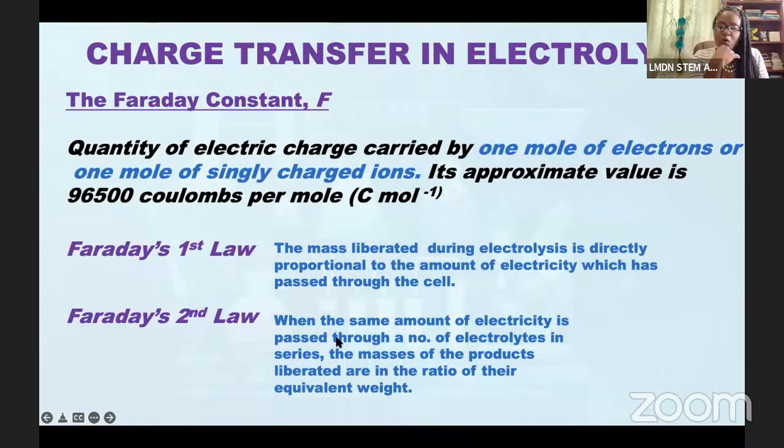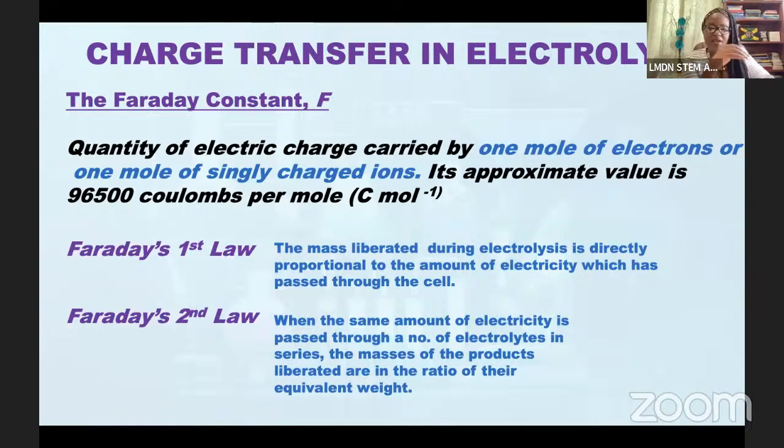When the same amount of electricity is passed through a number of electrolytes in series, the masses of the products liberated are in the ratio of their equivalent weight. Let's not focus on this one too much.